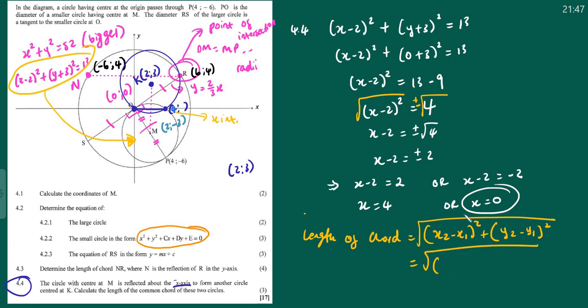So x2 we can say is the 4 here, x1 would be the 0 there. The y at this point is 0 because it's an x-intercept, and the y there is also 0. So the answer will simply be 4 units.